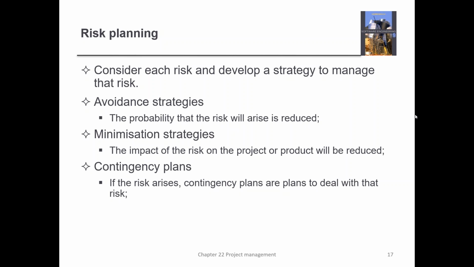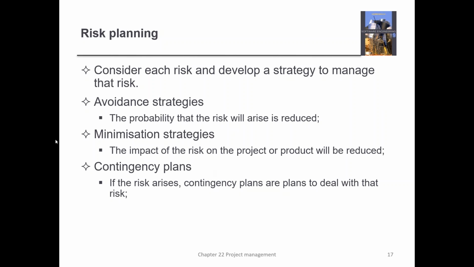But in the case of a company that may be having financial issues, they may have a chat with their bank to ensure that problem does not arise. All right, so that's avoidance.